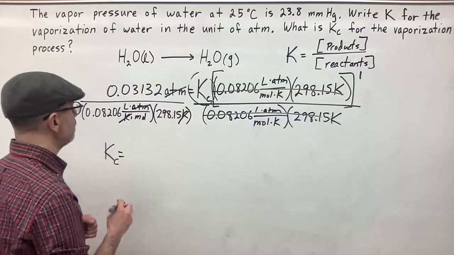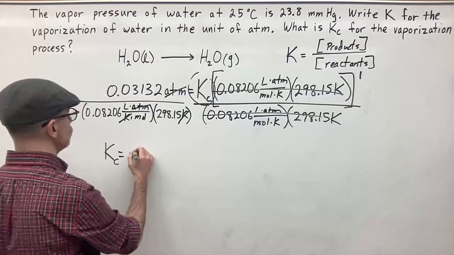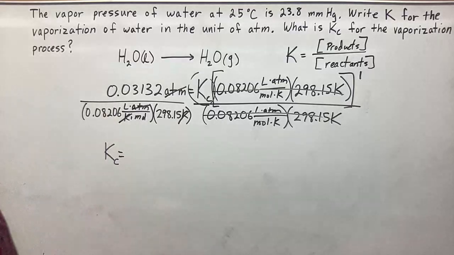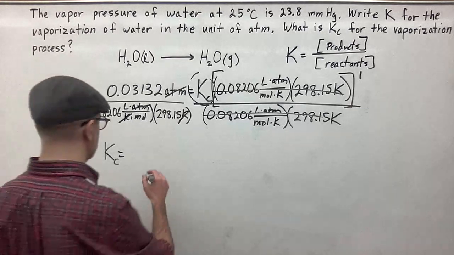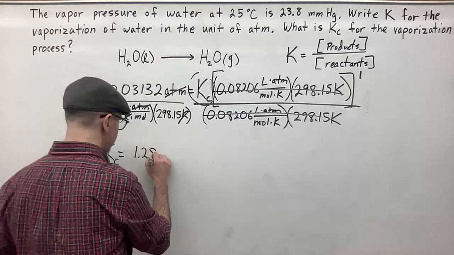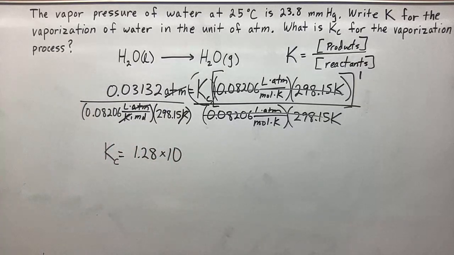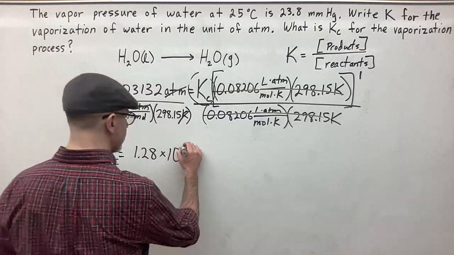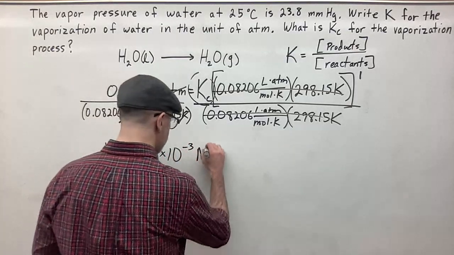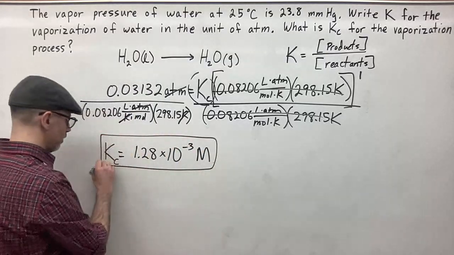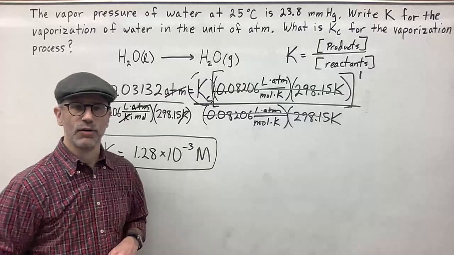So Kc is going to be equal to whatever this is. If I calculate this, I get 1.28 times 10 to the -3 molar. So that's the Kc value for the vaporization of water.